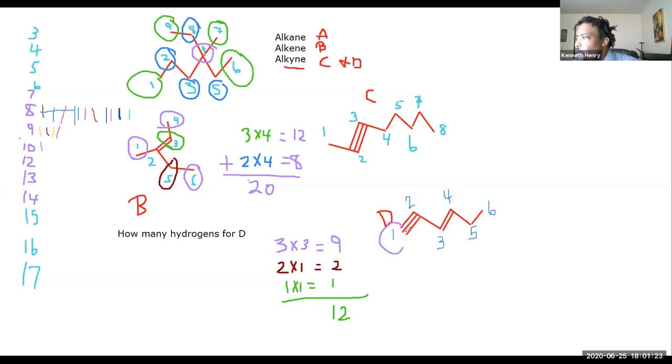Okay, so 1, 3, and 4 all have one hydrogen. So that's 1 times 3. 2 has 0. 5 has 2 hydrogens.